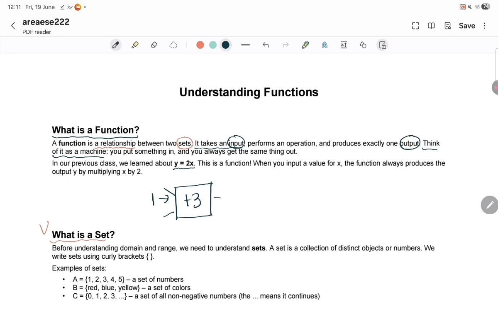Then it spits out 4, because this machine just does plus 3 all the time. If you put A in, then you get A plus 3 out, because that's what this machine does.